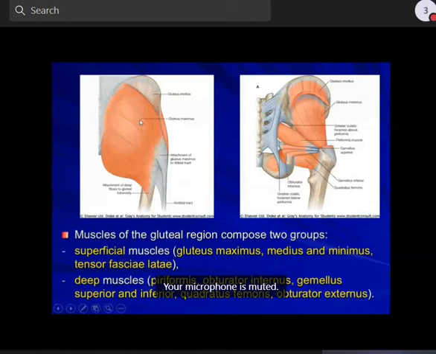Deeper to it are the gluteus medius and gluteus minimus, both tending towards the greater trochanter, but their anterior and posterior parts are completely different in function.